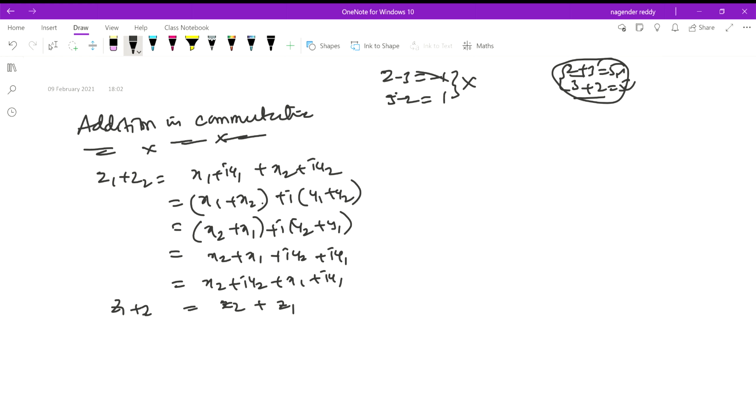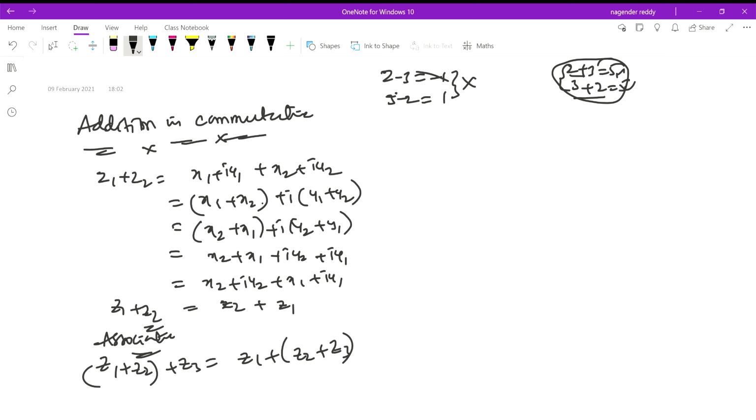z1 plus z2 is equal to z2 plus z1, some properties we are going to discuss in this video, and the existence of a 0 and all those things we are not going to. And the associative property also we know. What is the associative property? z1 plus z2 plus z3 is equal to z1 plus z2 plus z3 with different grouping.